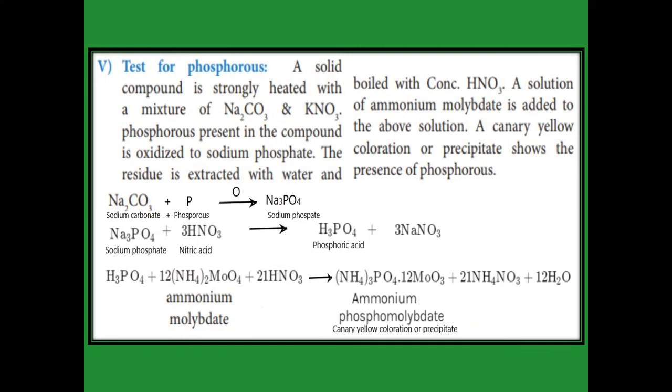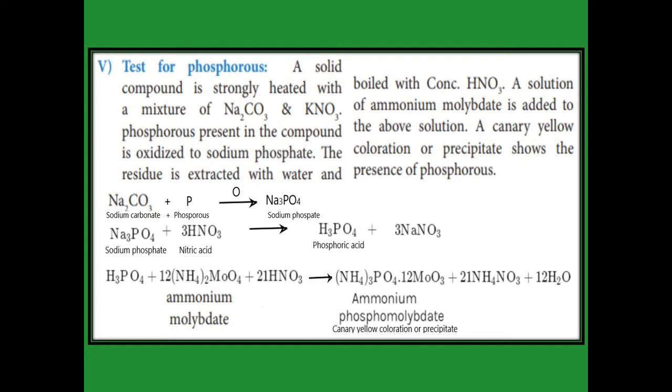Test for phosphorus. Here the organic compound is heated with sodium carbonate and potassium nitrate. Na2CO3 is sodium carbonate and KNO3 is potassium nitrate. If phosphorus is present in the organic compound, it is oxidized to sodium phosphate, Na3PO4.